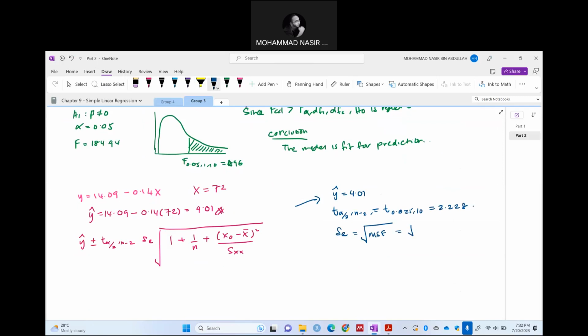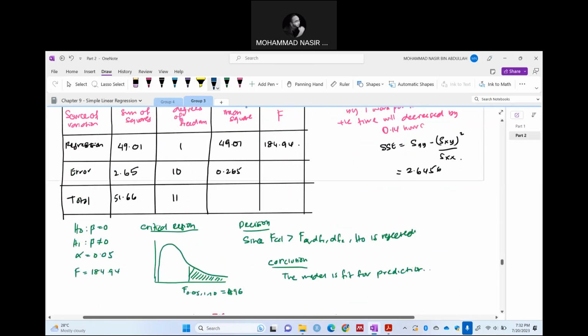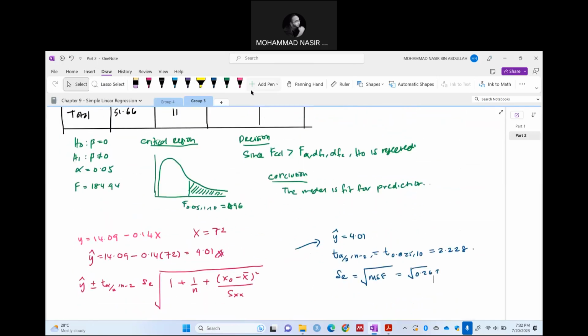So this one should be the square root of 0.26326 over 265, right? And then x naught is equal to 72.